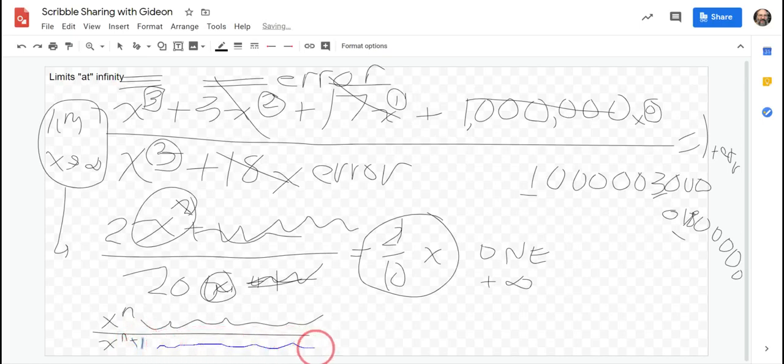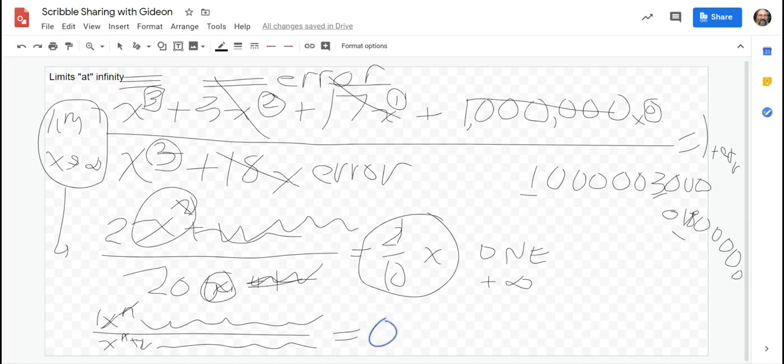Again, you just consider everything else error, and when you look at these two terms, the smaller term is on top, the bigger term is on the bottom, things cancel out, and you'll just have 1 over x. And of course, if this was 2 degrees higher, you'd have 1 over x squared, 1 over any degree of x. As x or x squared grow larger and larger, and you have 1 on top, that's just like our e to the negative x. The limit is 0 when the polynomial on the bottom is big.